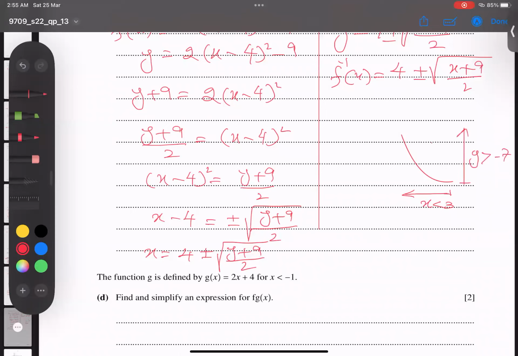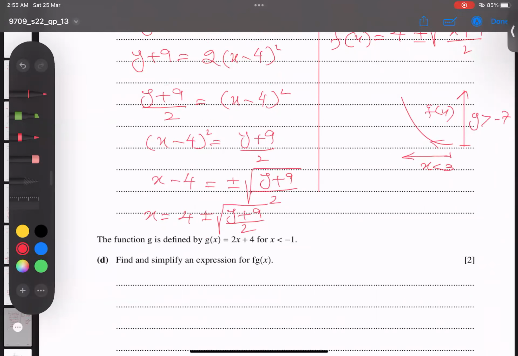This is the graph of the function f of x, not f inverse. And whenever we take an inverse, you know what happens, students? Same graph, but the domain becomes the range and the range becomes the domain.